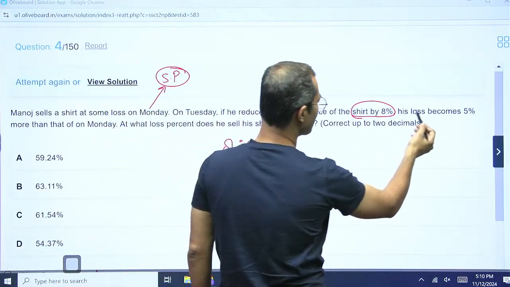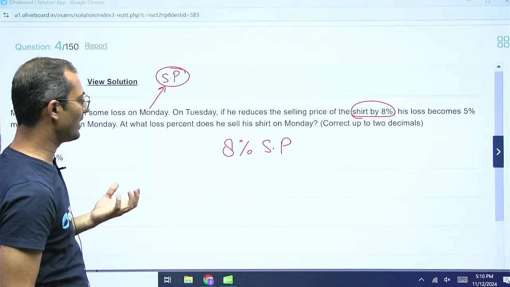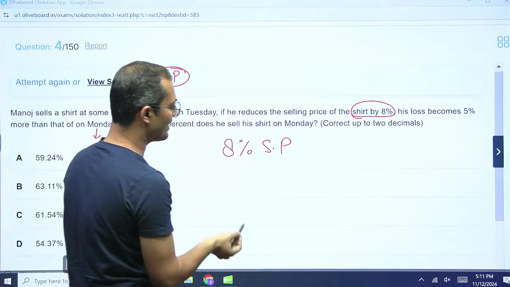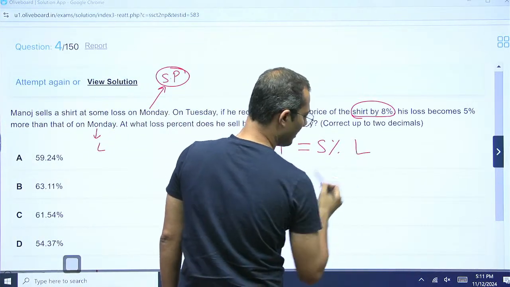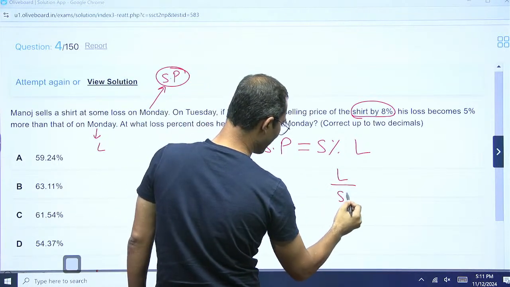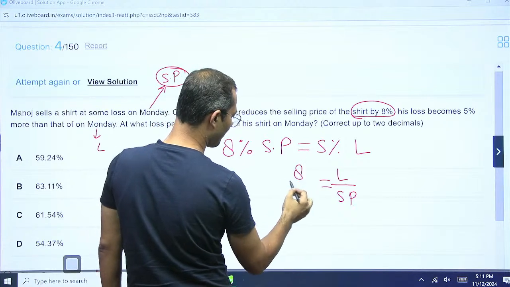And his loss becomes 5% more than that of the loss on Monday. Let the loss of Monday be rupees S. So we can say that this is going to be 5% of the loss, right? So the ratio of loss upon SP is equal to 8 by 5, right?